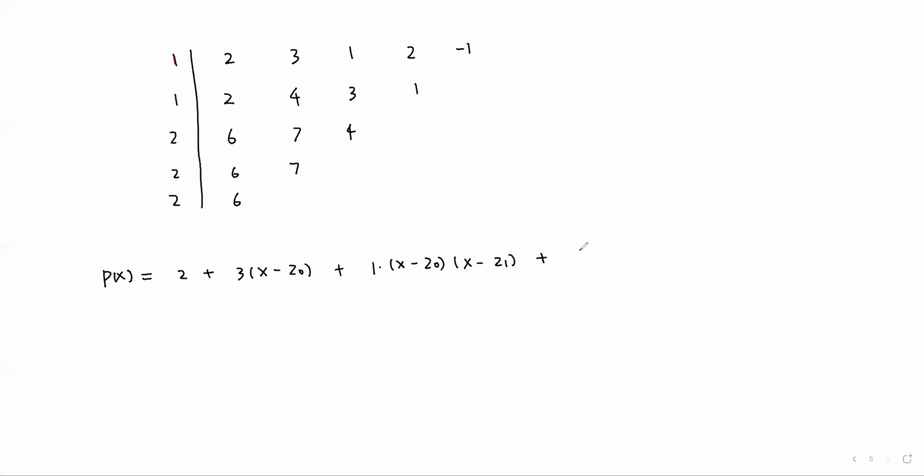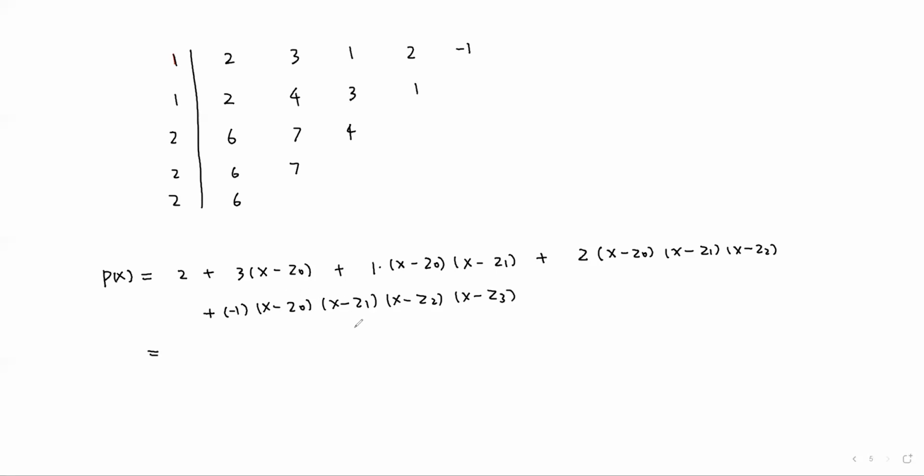Now the fourth term, 2 times x minus C0, C1, C2. The last term, -1, x minus C0, x minus C1, x minus C2, x minus C3.